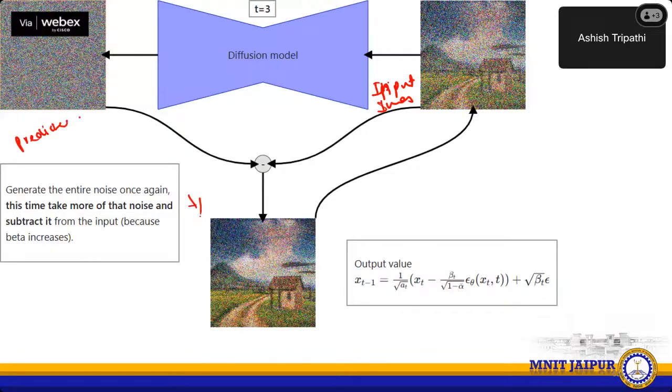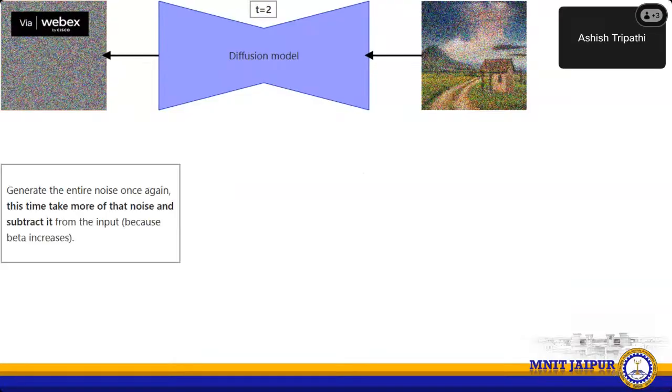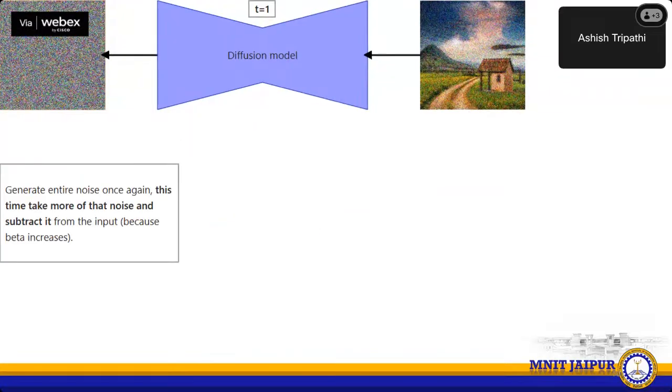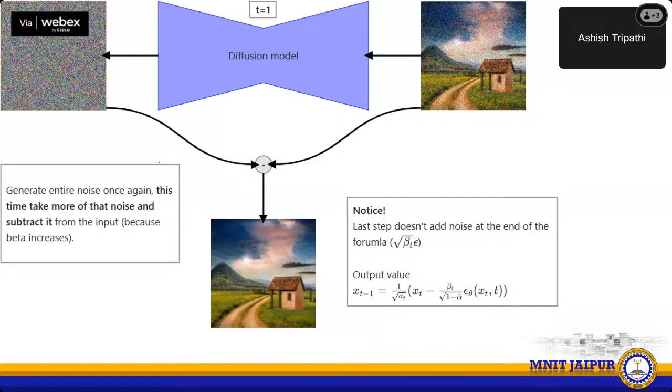This is the output image. Again, input, predicted noise, output image. This output image is going to become the input for the next iteration. Again, my model is going to predict noise.